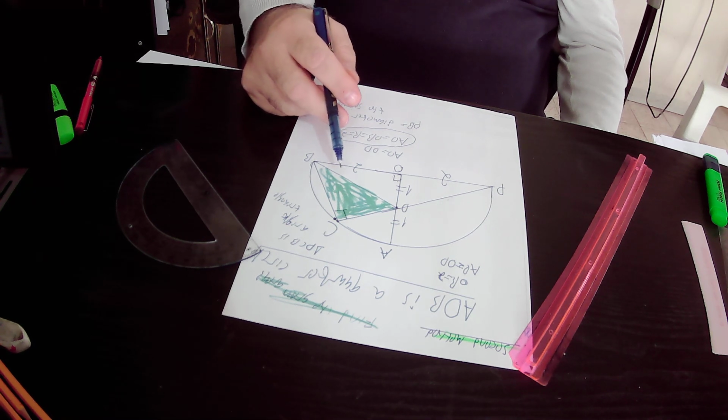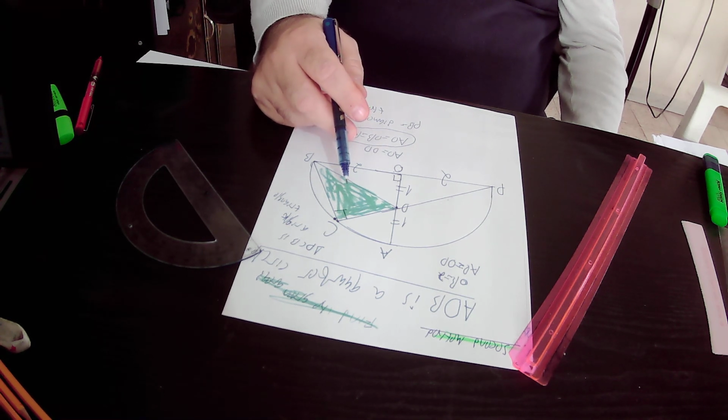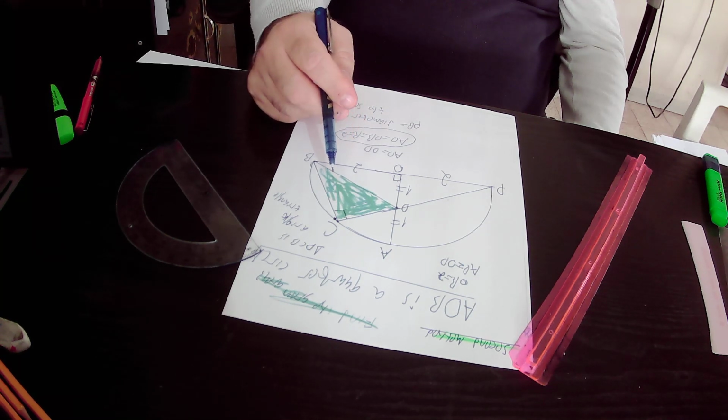But this peripheral angle equals 90 degrees. And we have the rule that any peripheral angle that equals 90 degrees must rest on the diameter of the circle.